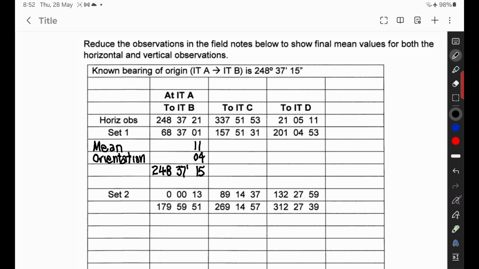Right, so let's mean these ones. They're the same minute, so we can add them up. 84, half of 84 is 42, plus 04.